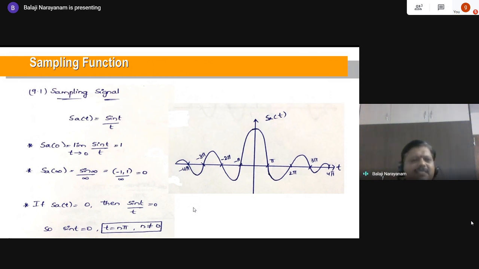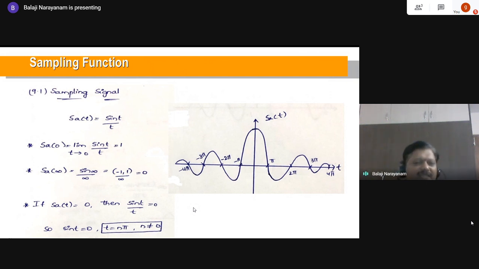And if you substitute in a similar case, the sampling signal value at t equal to 0, making use of limit t tends to 0, sin t by t is 1. We used the same property of sin theta by theta equal to 1, limit theta tends to 0.